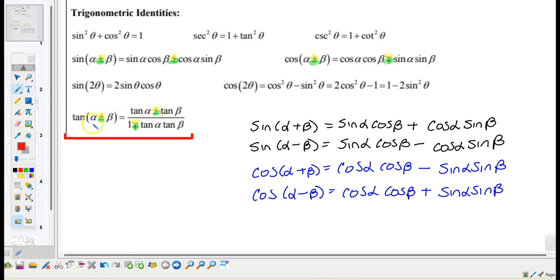Okay, and tangent, so tangent expands to a fraction. So let's do tangent of alpha plus beta. That's going to be plus on the left. On the numerator is plus in between. And then the denominator will have the minus.